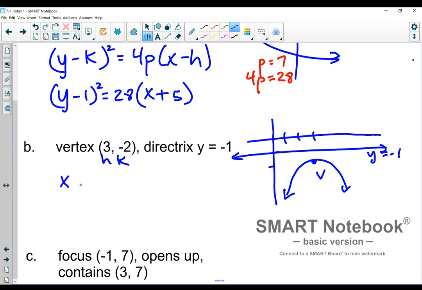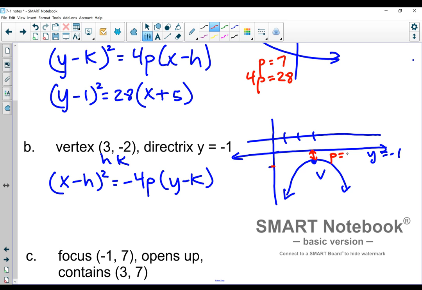So I'm going to have something like (x minus h) squared equals negative 4p times (y minus k). P will have to be negative, so I'm going to go ahead and write -4p. I wouldn't have to put a negative here, I could just remember later, but it's going to help me remember. And so I know h, k already. I'm given the vertex, but I need to figure out p. So my distance from my directrix to my vertex, let's see, this one's at -2, this one's at -1, is just 1 unit.